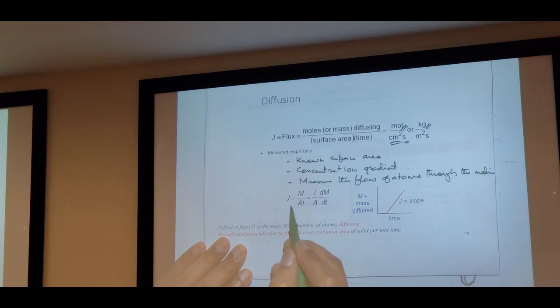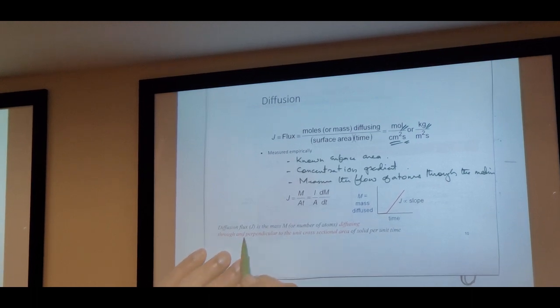So we can write J is equal to the mass transported per unit area in unit time, or 1 over A into dm over dt.